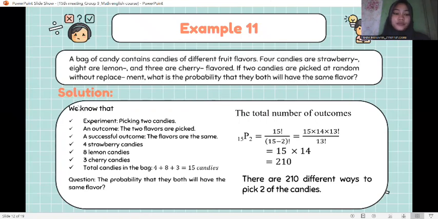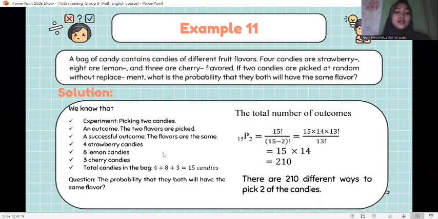flavor? So from the question we know that the experiment is picking 2 candies, and an outcome is the 2 flavors that are picked, and a successful outcome is that the flavors are the same.